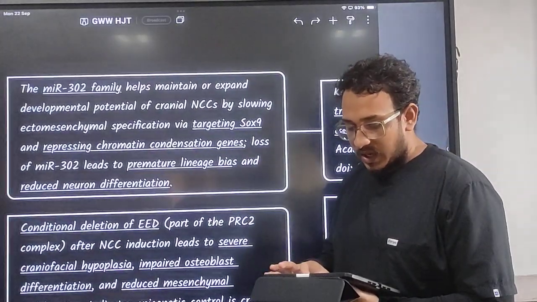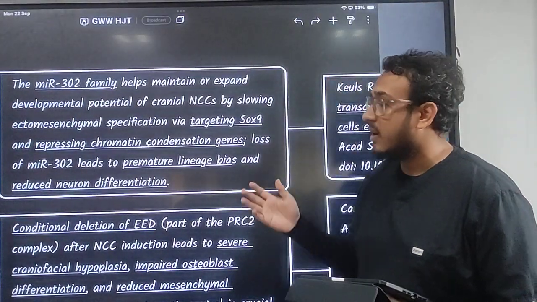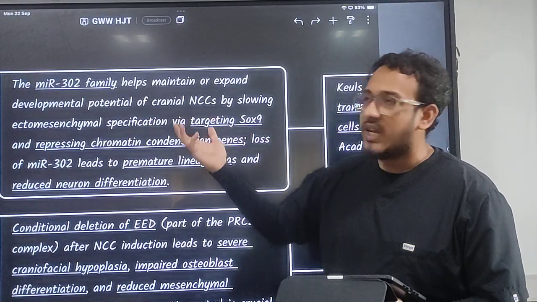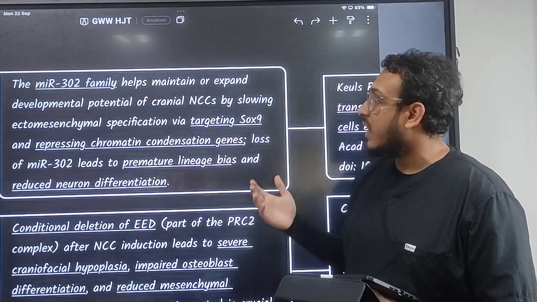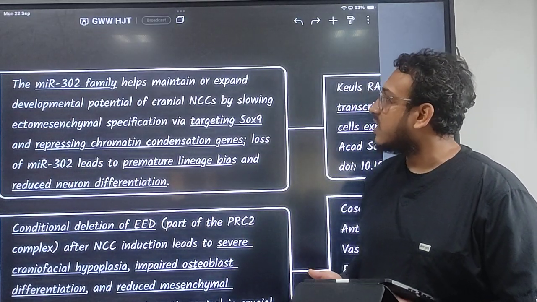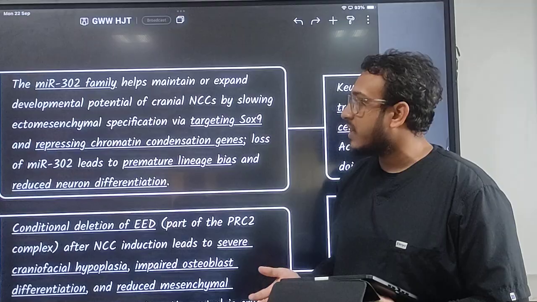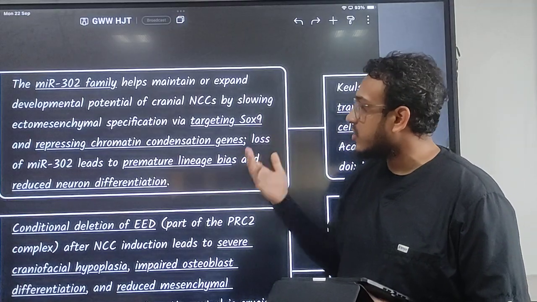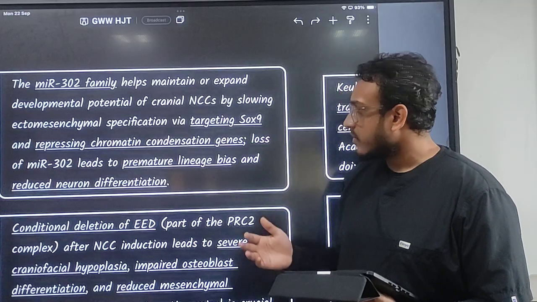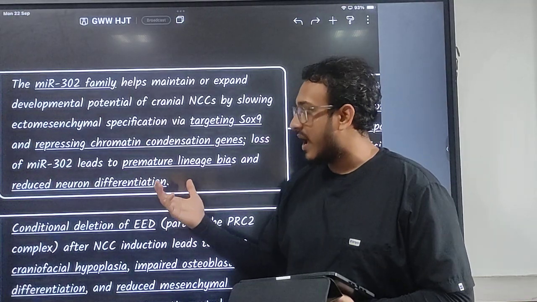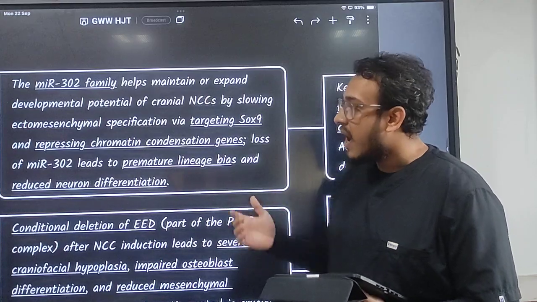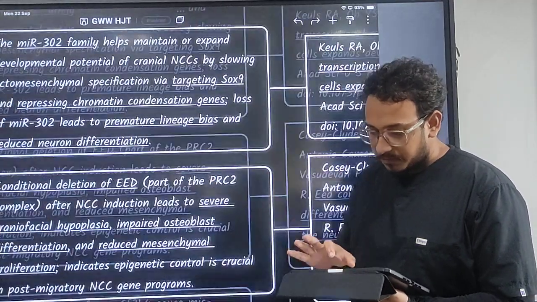This study says that the miR-302 family helps maintain or expand the developmental potential of cranial crest cells by slowing ectomesenchymal specification via targeting SOX9 and repressing chromatin condensation genes. Loss of miR-302 leads to premature lineage bias and reduced neuron differentiation.